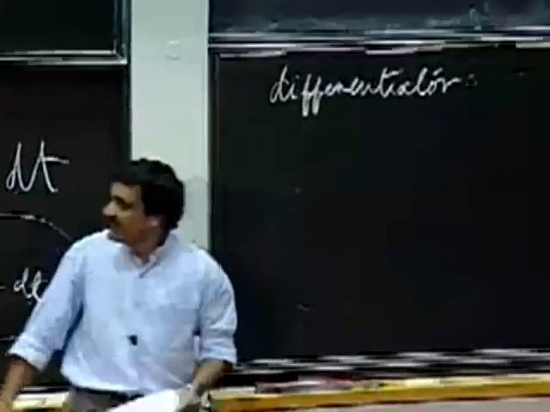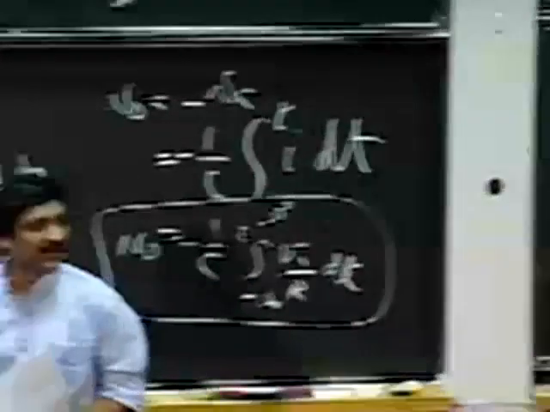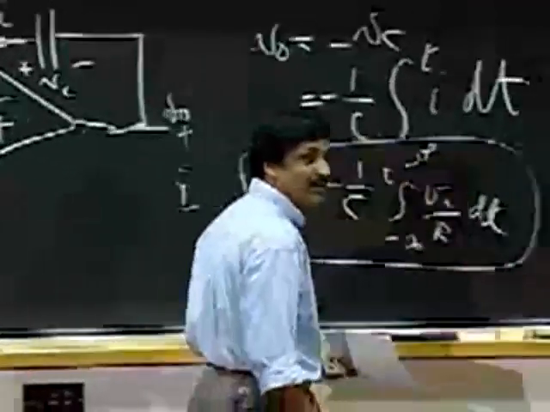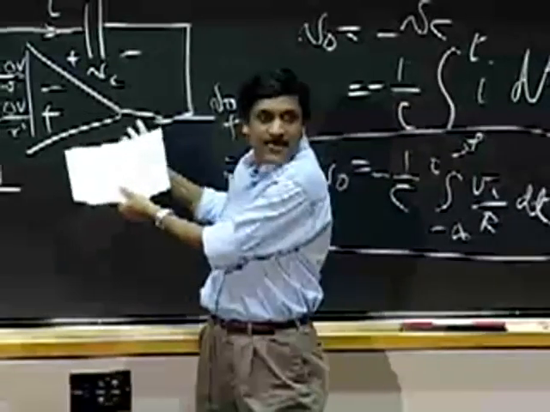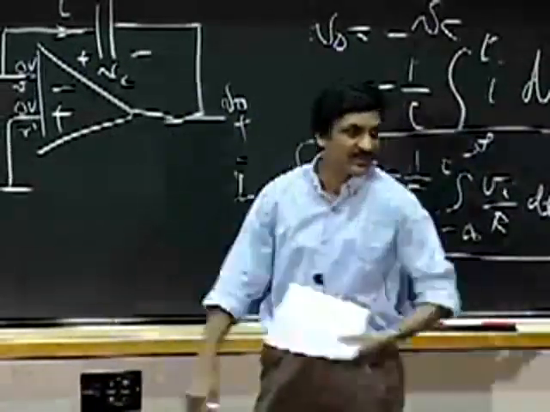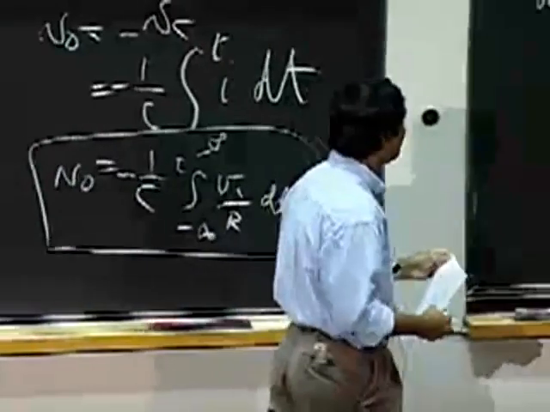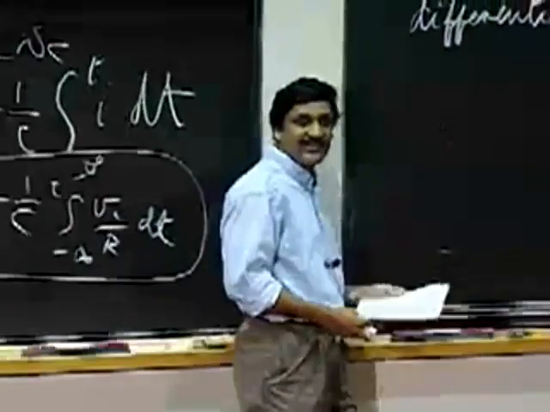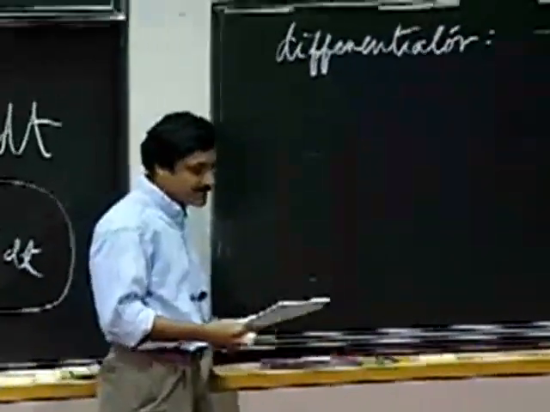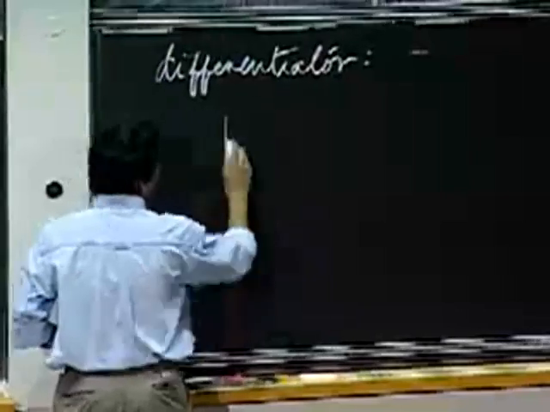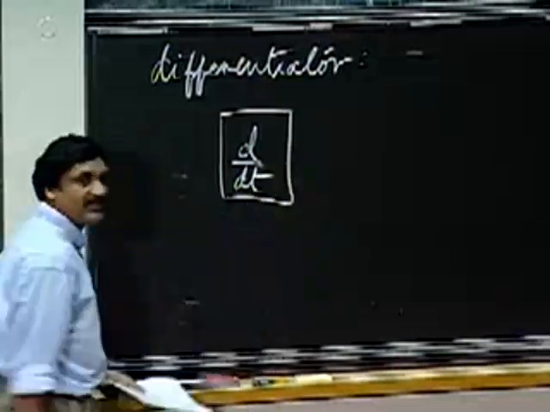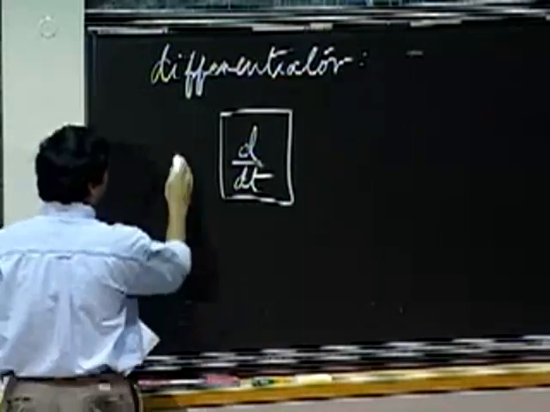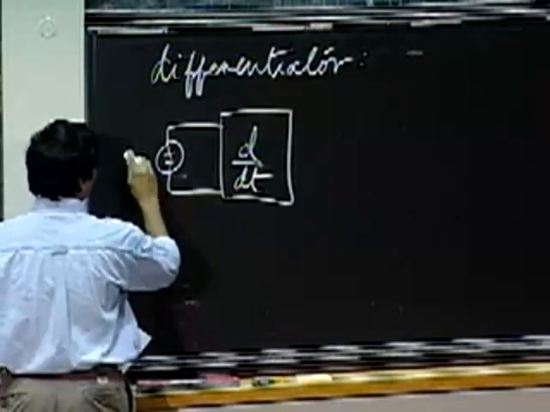Okay, so now that we built the integrator, I could give this out as a homework problem, and you should be able to design a differentiator based on what you've learned here. You now have the tools to go and do some design like this, but we don't have any more homeworks left, so I guess I'll go ahead and solve this for you right here. So the building block that we need looks like this: d by dt here.